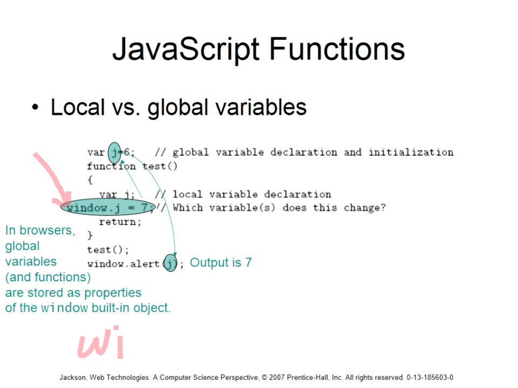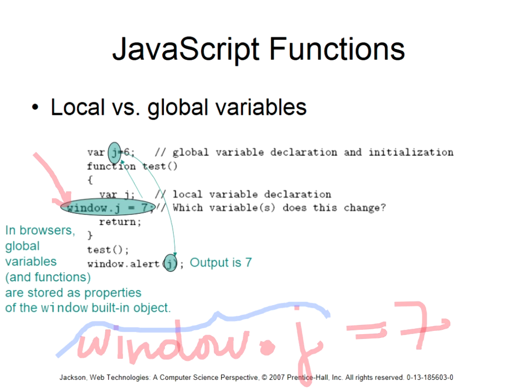So when we write window.g equals 7, that means we want to modify the global variable g. Okay? And in this case, the output will be 7, not 6. It is clear?